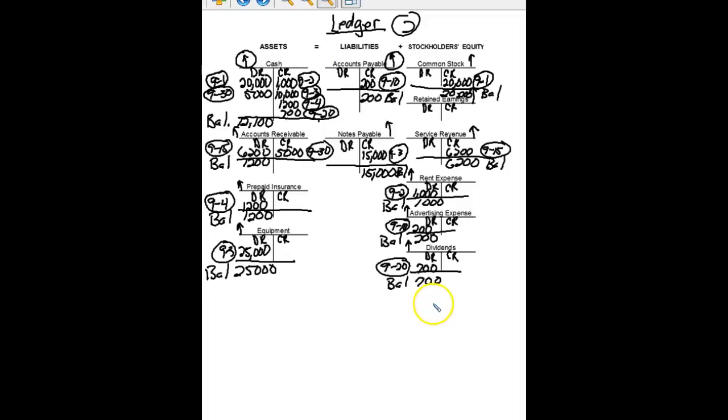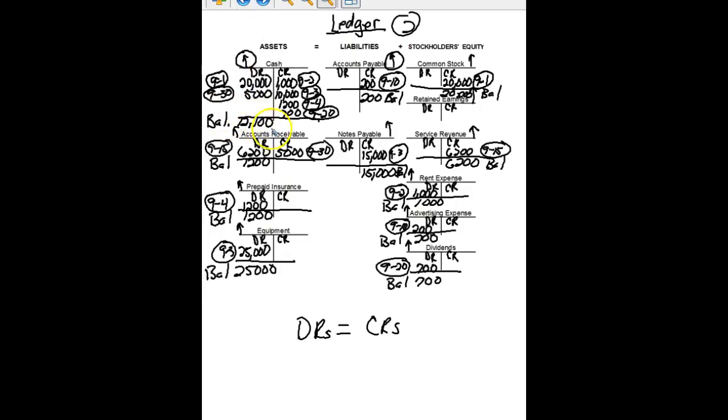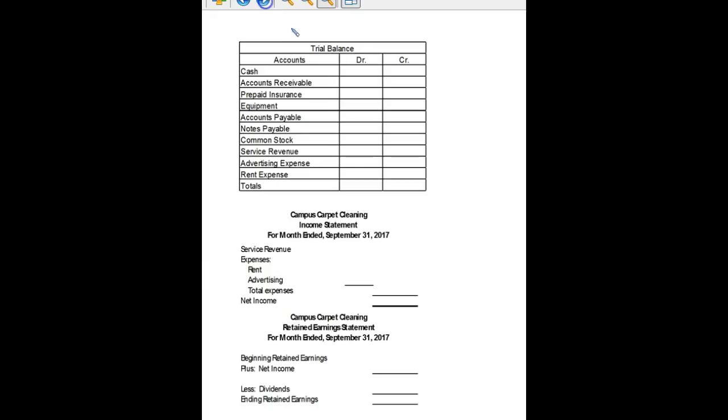Okay, now we need to make sure that we're still in balance, right? We want to make sure the debits equal credits. So we're going to create a trial balance. In a trial balance, we're going to list balances. So I'm going to go to cash, and I'm going to look at the ending balance, $12,100. I'm going to put that in here as its ending balance.